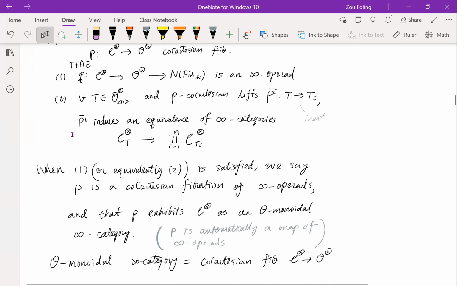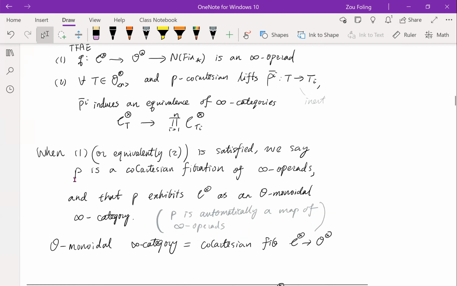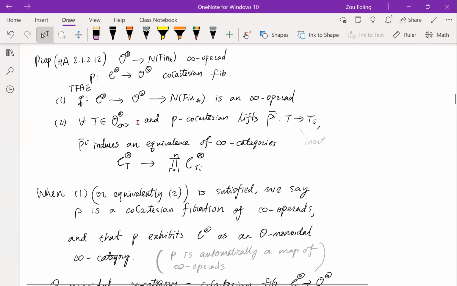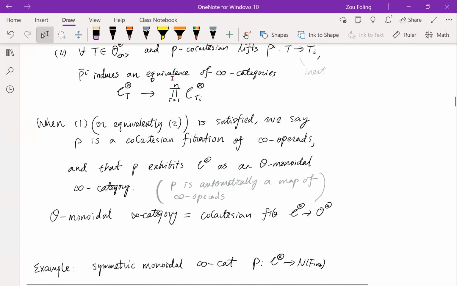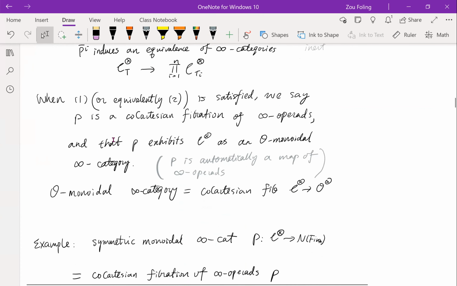When this is satisfied, we say P is a co-Cartesian fibration of infinity operads. So we have an infinity operad C over thin star, we have an infinity operad O tensor over thin star, and we have a map which is a co-Cartesian fibration. And we also say in this case that P exhibits C tensor as an O monoidal infinity category.